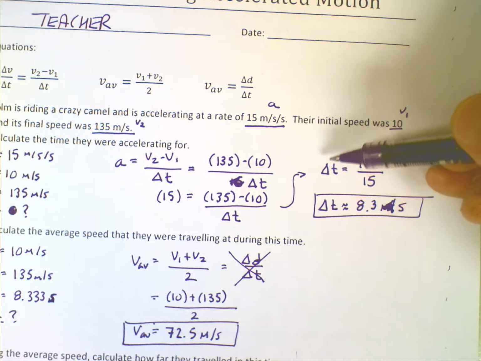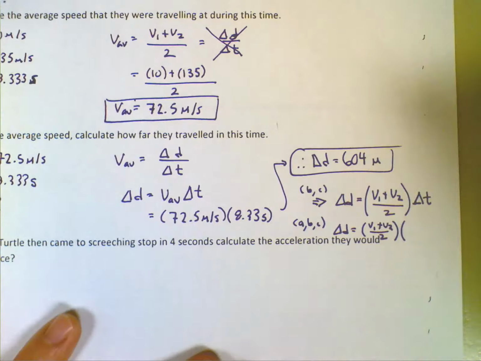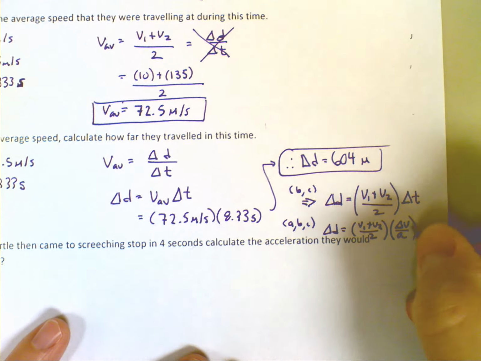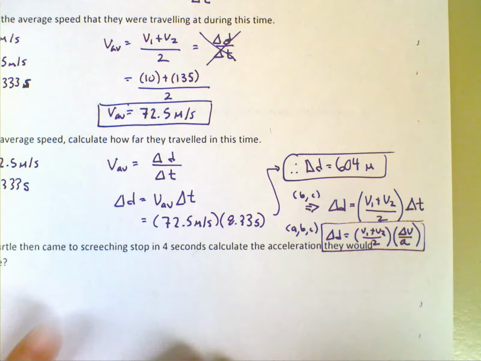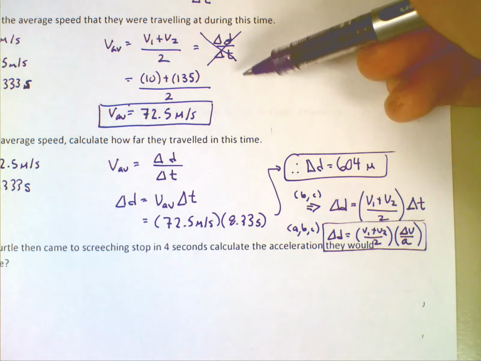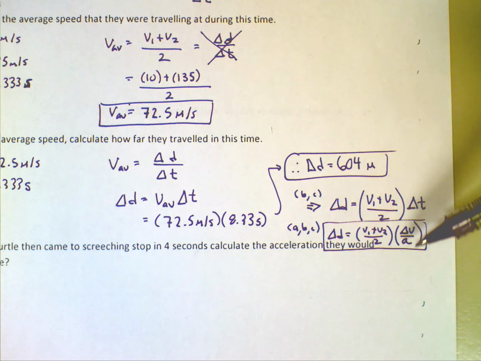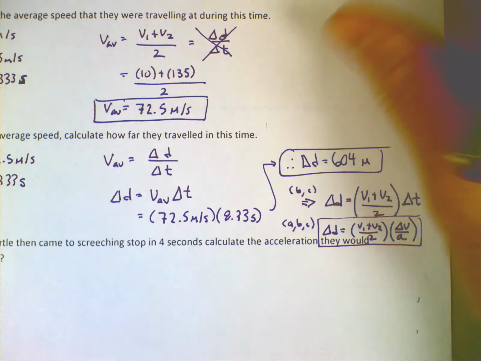Where delta t from previously was delta V over A. And delta V is just V2 minus V1. So you could have actually combined it all into one little simple equation if you really wanted to. But you can do this three-step process, the A, B, C, to get the same solution. Or you can try and combine the equations together into a fancy little equation, and therefore then you've basically done A, B, and C all together.